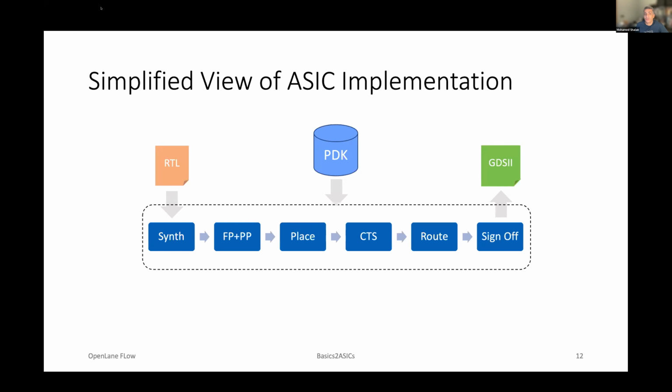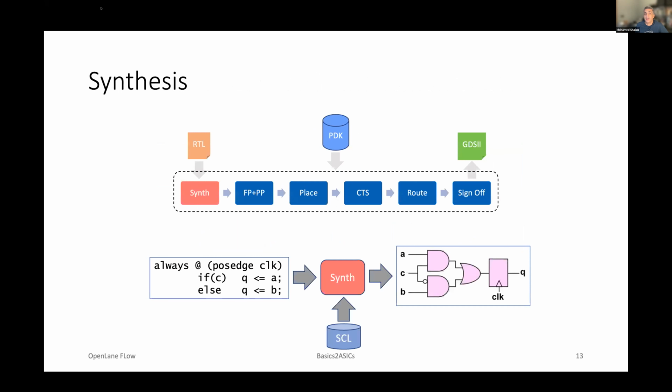Typically you start with the RTL, which is the model of what you want to build in HDL, and you pass it to the synthesizer, which gets the standard cell library, a library of ready-made components like flip-flops, multiplexers, and simple gates that can be used to realize your model as a circuit.